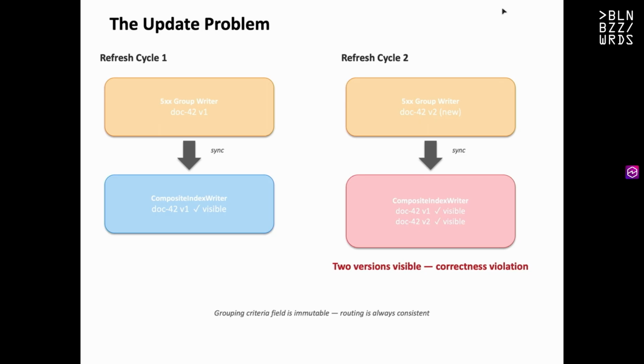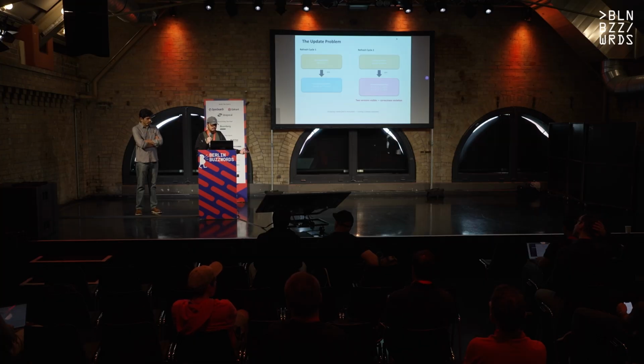The grouping criteria function will fire again and evaluate the group to 5xx for this document, and it will be routed to a 5xx writer. But the new version will land on the current cycle's 5xx writer, not on the old writer where the first version of the document exists.